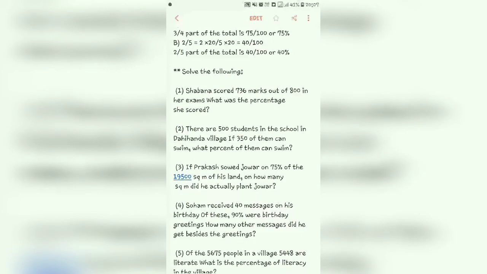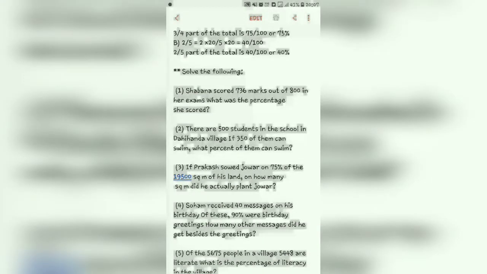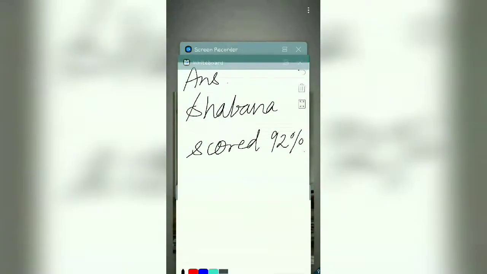Question 2. Here we are given 500 students. If 350 of them say that 350 is the given number out of 500 students, that means 500 is our total.